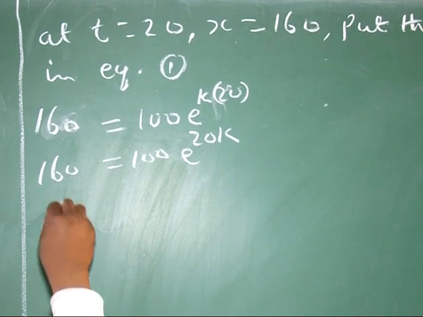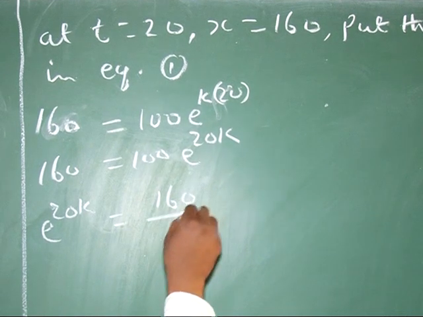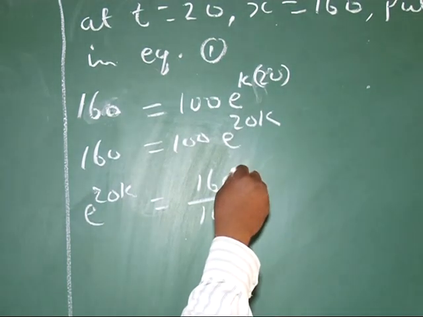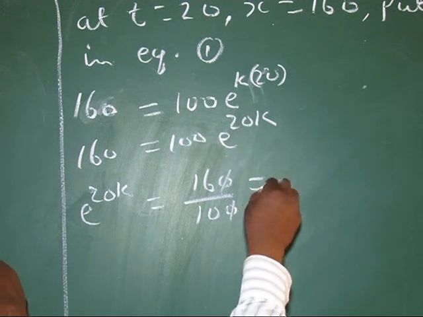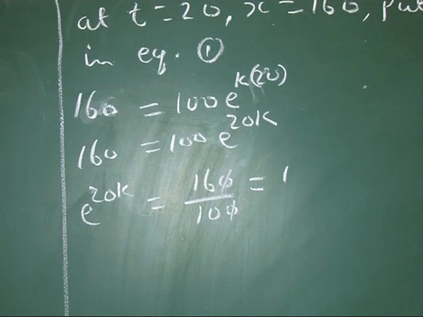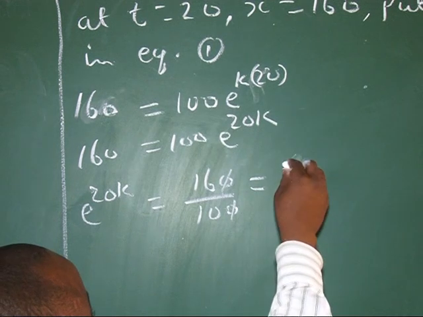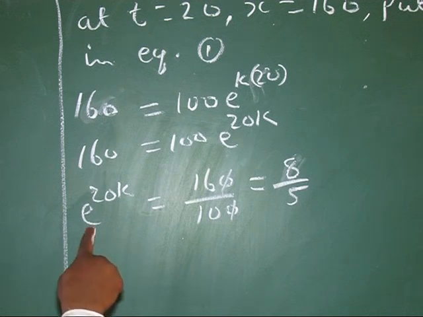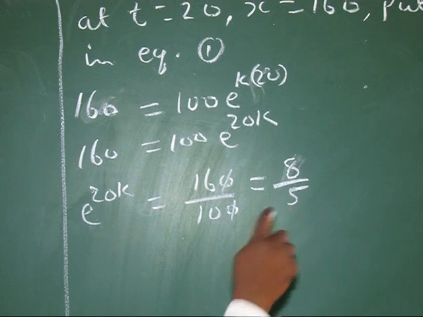So exponential 20k will be equal to 160 divided by 100. Of course, the zeros can cancel, so what we have there is 16 divided by 10, which can be 8 over 5. Now, exponential 20k is equal to 8 over 5.